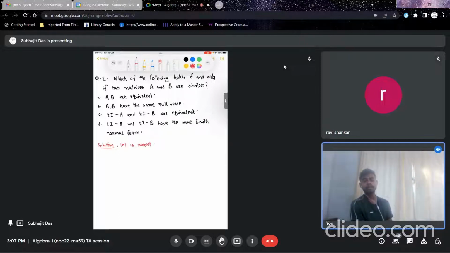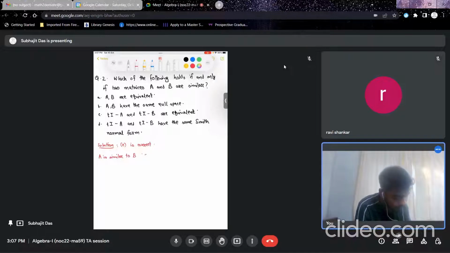You have seen this in this week's main sessions. I might not be correct with the notation, so I'll just write it in words. A is similar to B if and only if the module MA is isomorphic to the module MB as KT modules.